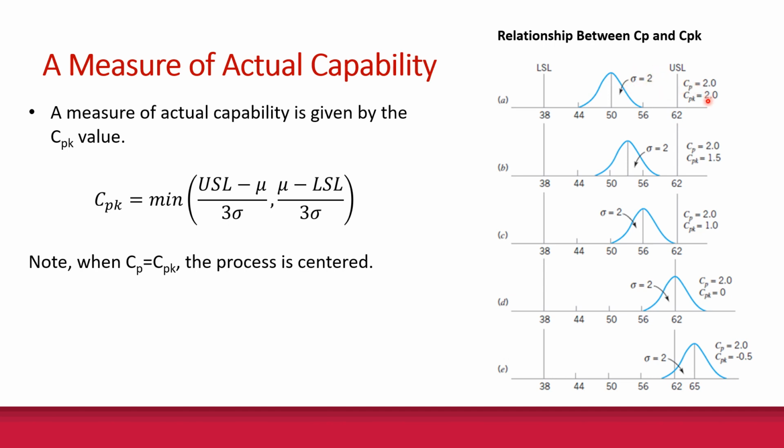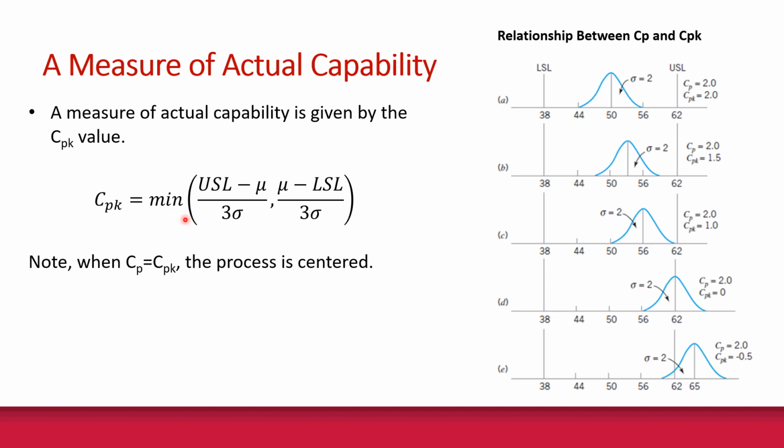So we get a value of 2. And if you take the mean minus the lower specification, 50 minus 38, you get 12, divided by 3 times sigma. You also get 2.